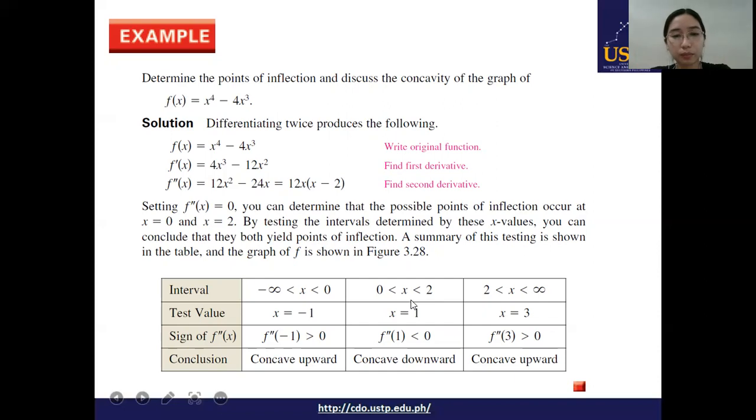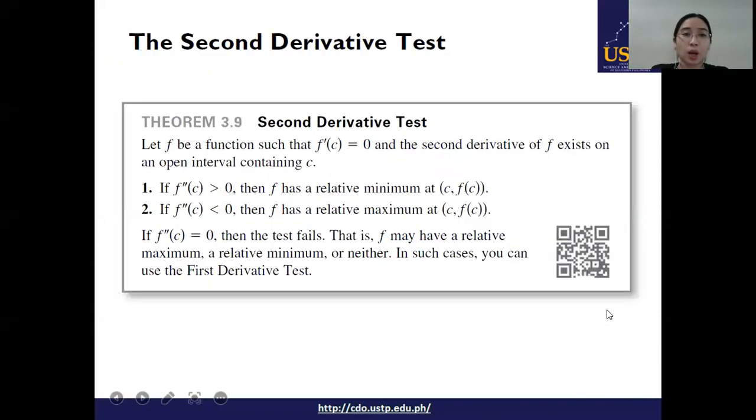Next, the test value from 2 to positive infinity. In this example, I chose positive 3. We substitute positive 3 into the second derivative. The answer is positive 36, which is greater than 0. Therefore, it is concave upward.